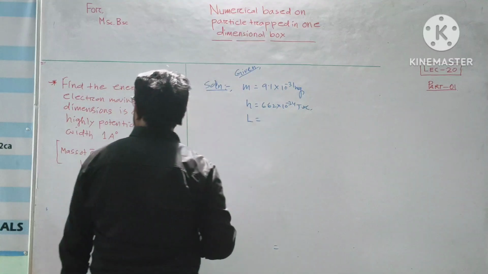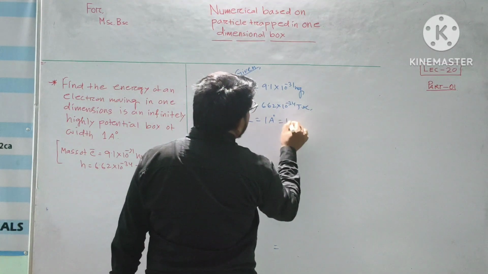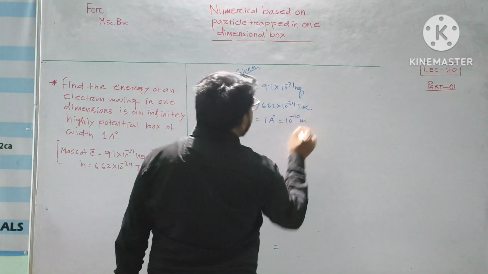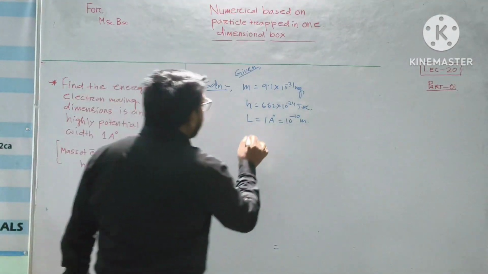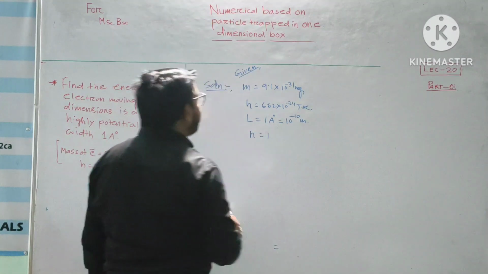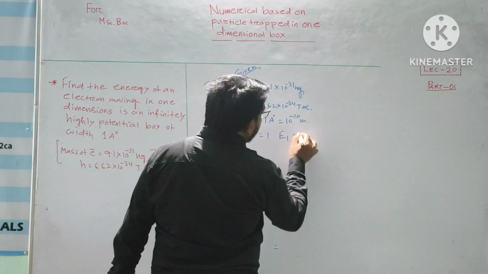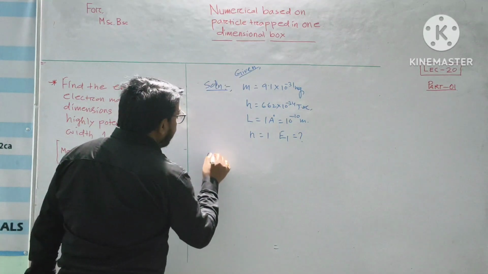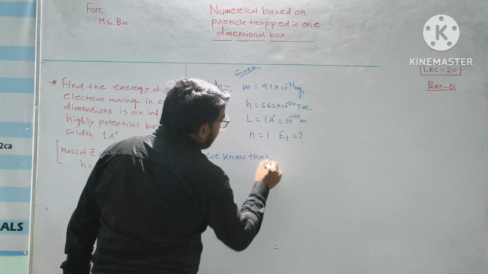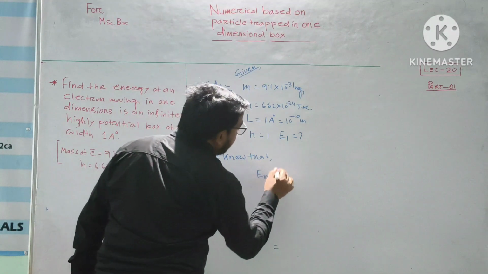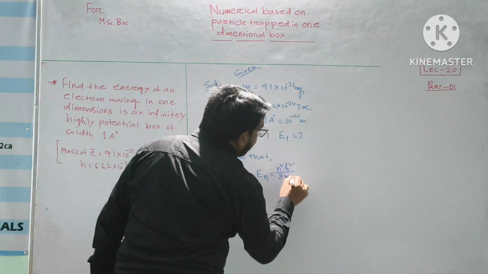Width is 1 angstrom, and 1 angstrom equals 10 to the power minus 10 meter. And n equals 1. So we know that E1 equals what? We know that En equals n squared h squared divided by 8 m L squared.